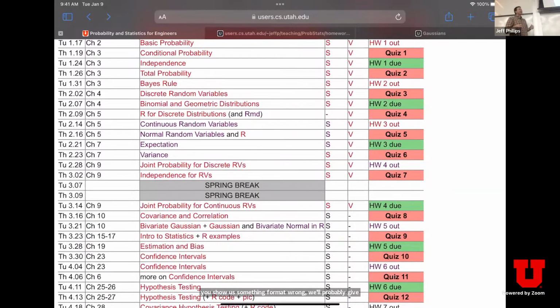But we will expect it to be turned in formatted so the plots are embedded in the PDF, so we can grade it easily on Gradescope. Again, any questions or concerns about that, please reach out to us. We'll help you with that. Most people have been able to do this fine, but there's always a couple people with lots of questions, and that's okay if you haven't done this before.